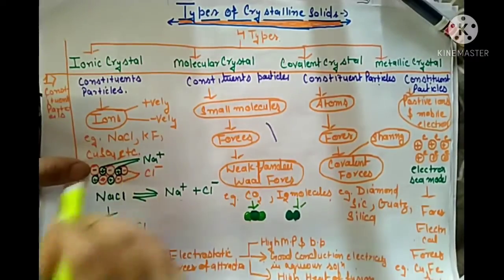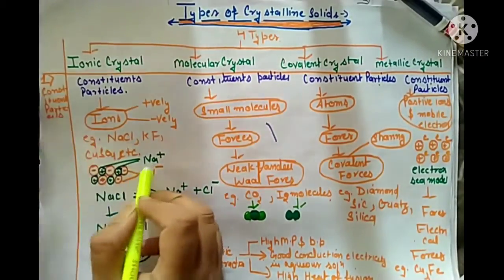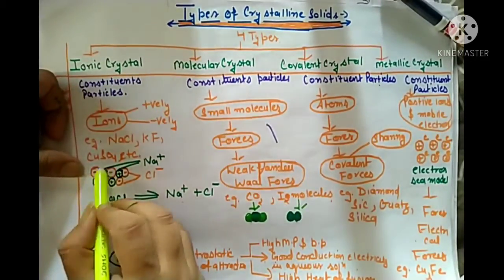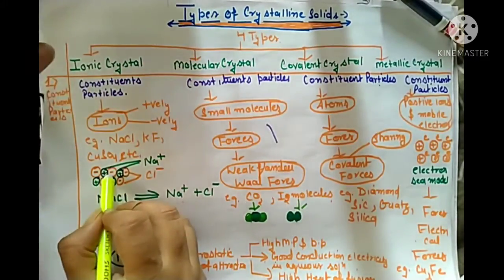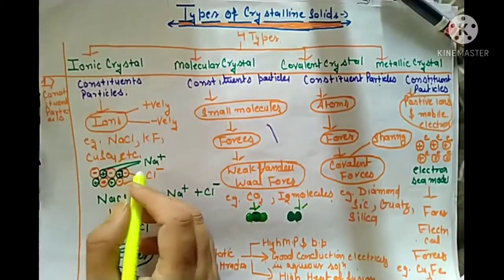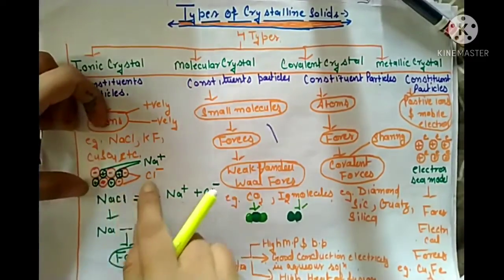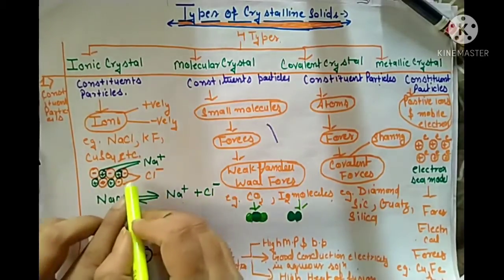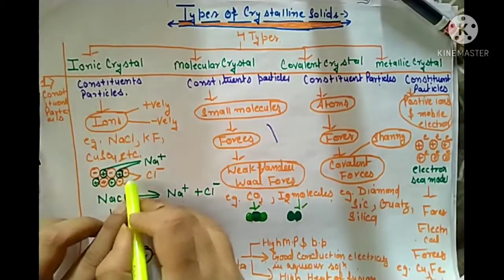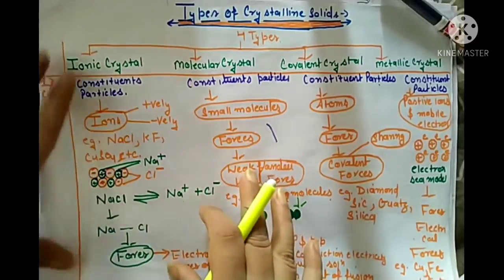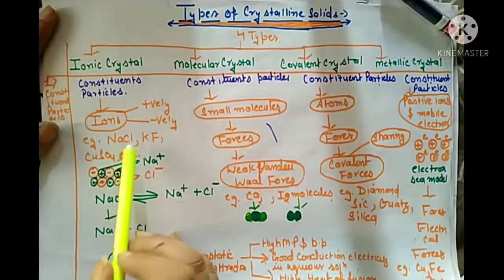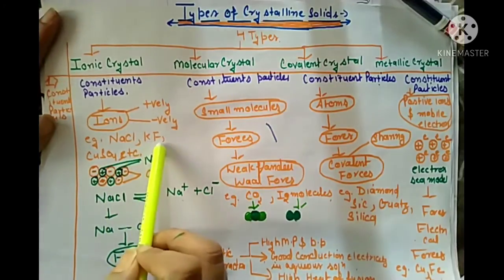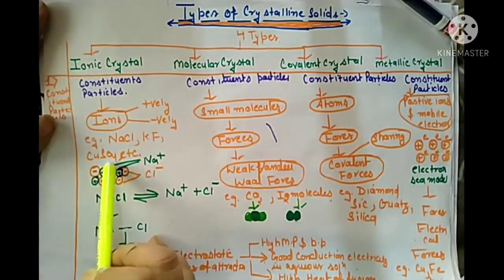This is because Na positive is formed by loss of electron, so the ion is smaller in size than its atom, and chloride ion is formed by gain of electron, so it is larger in size than its atom. So examples of ionic crystal are sodium chloride, potassium fluoride and copper sulfate.